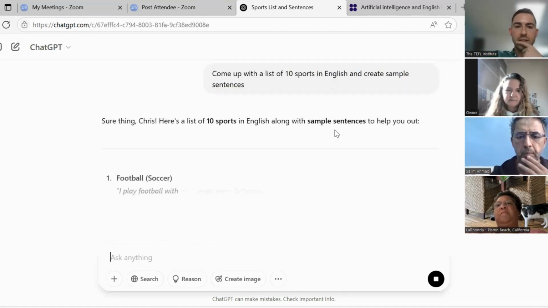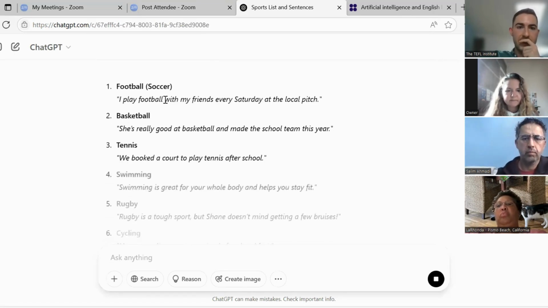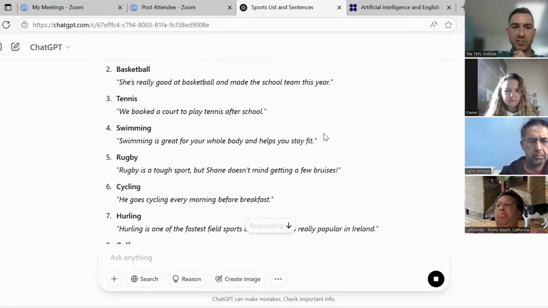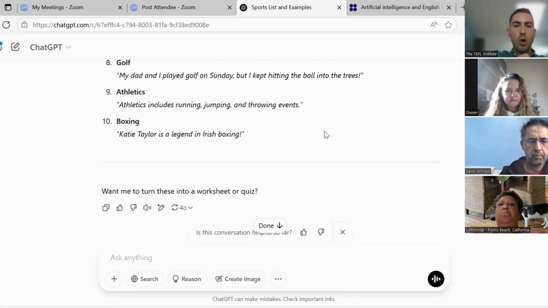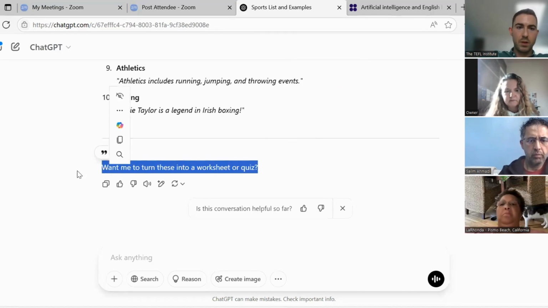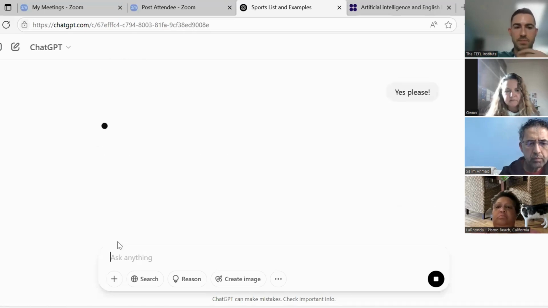So let's see. It's numbering the sports here, and we have sample sentences with the target language in them. It asks, want me to turn these into a worksheet or a quiz? Let's just type in yes, please, and see what it does.